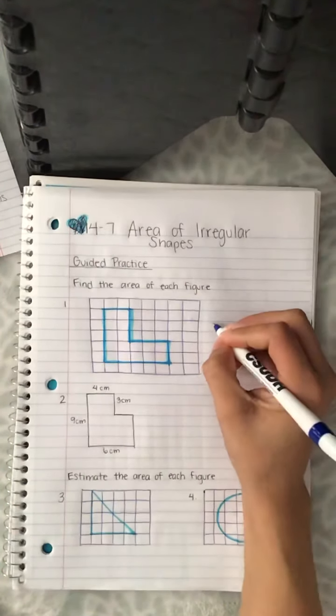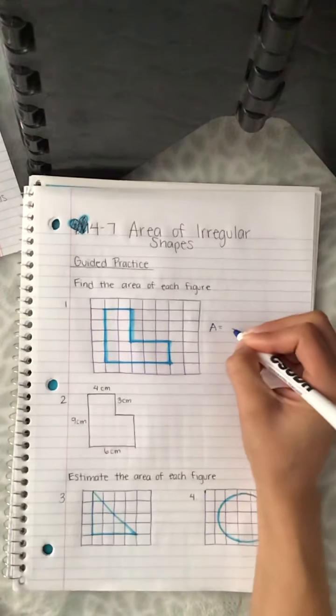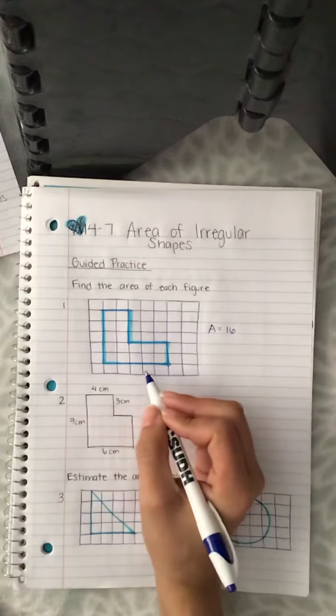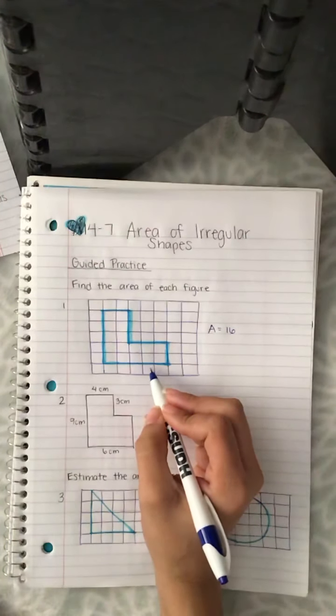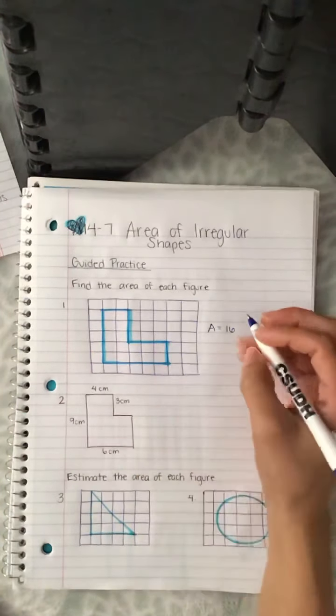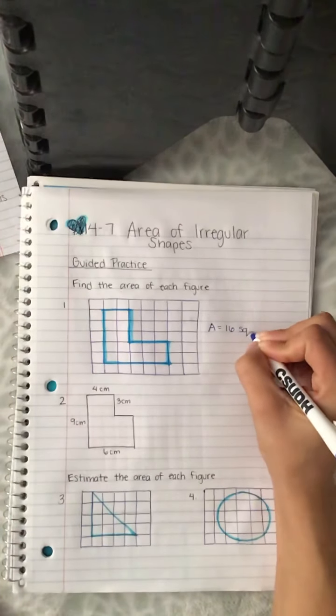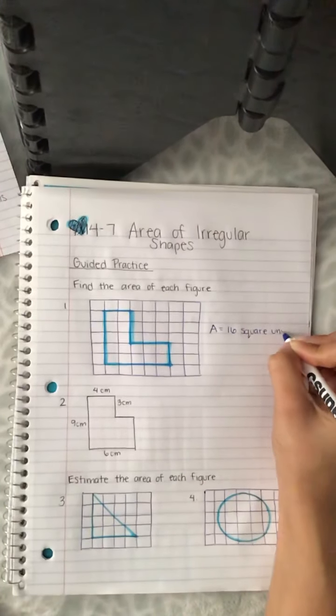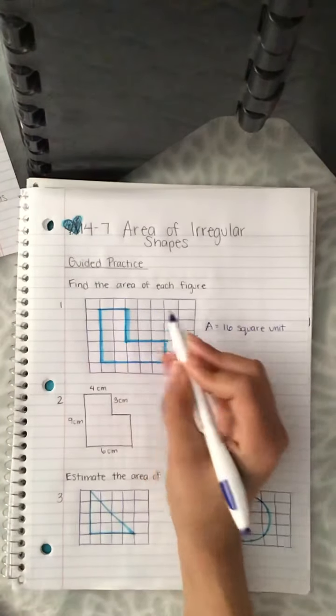So the area A equals 16. They don't give us an exact measurement. They don't tell us if it's inches or centimeters. So we'll say 16 square units, because each square is a unit.